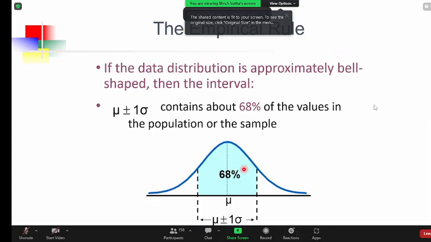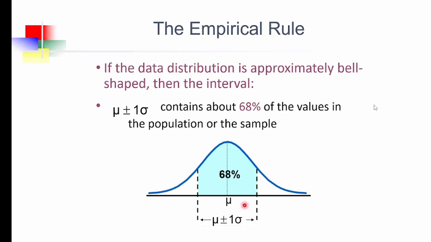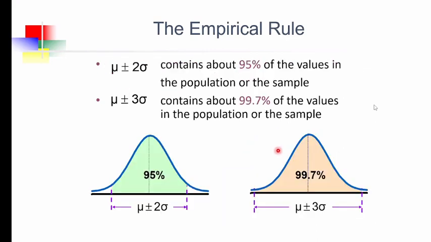68% of the data will be in the interval between mu minus 1 sigma and mu plus 1 sigma. That is, within one standard deviation, 68% of the data values will lie between mu minus 1 sigma and mu plus 1 sigma. Then 95% of the data will fall within mu plus or minus 2 sigma, and 99.7% fall within mu plus or minus 3 sigma.